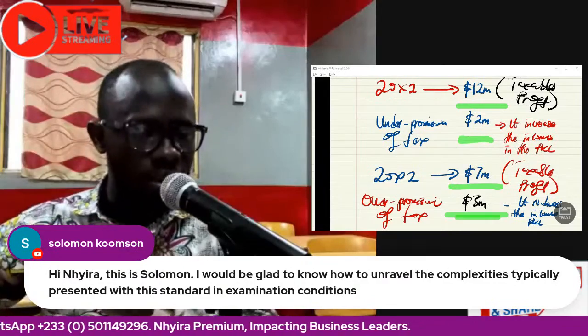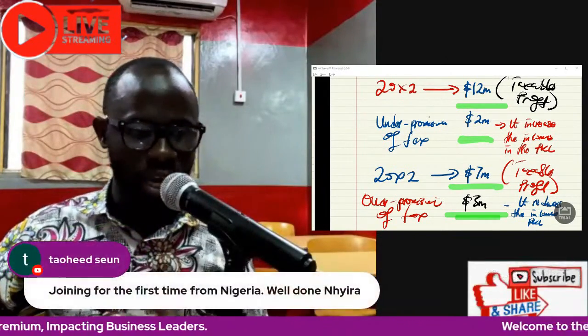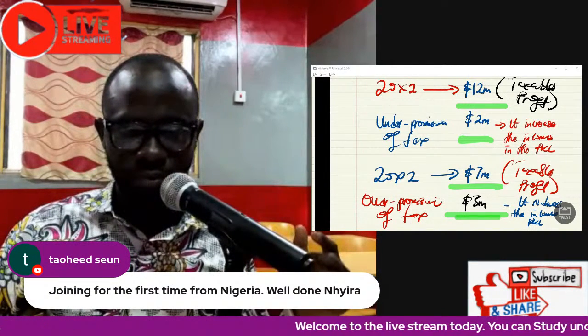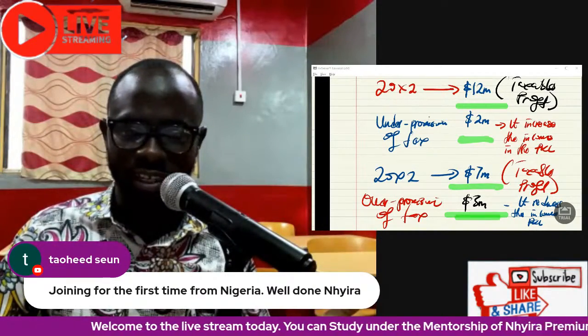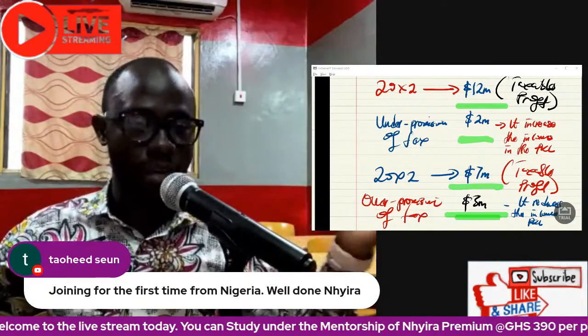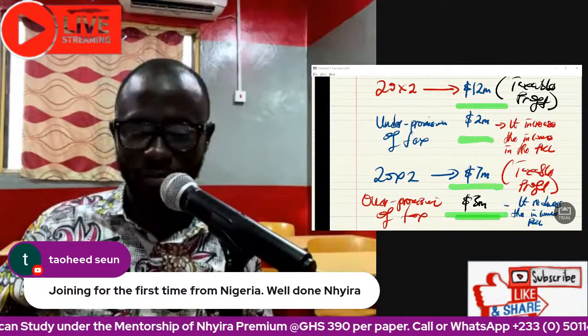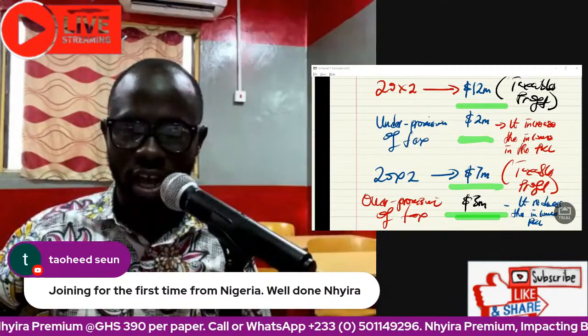I'm already unraveling it. So stay with me carefully as I bring them out for you. Who is this? I'm trying to pronounce the name, but I'm not getting it. Please forgive me if I don't pronounce your name well. Joining for the first time from Nigeria. Well done. Thank you for joining us.